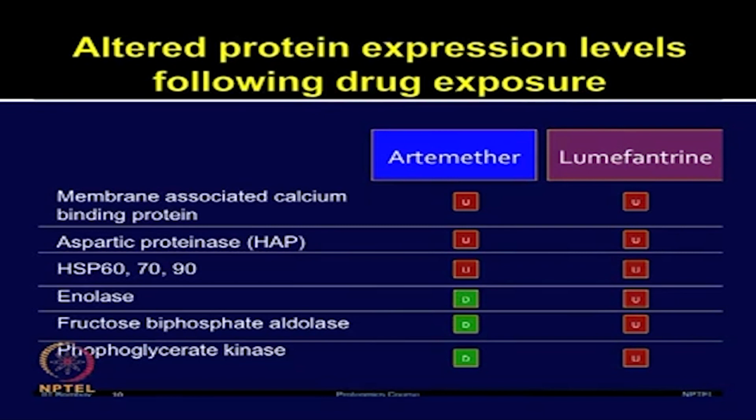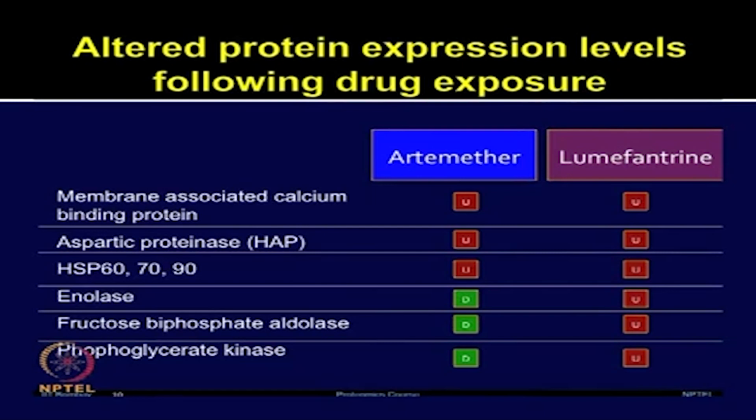Proteins such as membrane associated calcium binding protein were upregulated with both the drugs. Aspartic proteinase was also upregulated in both cases. Heat shock proteins such as HSP 60, 70 and 90 were upregulated due to both the drug treatments.